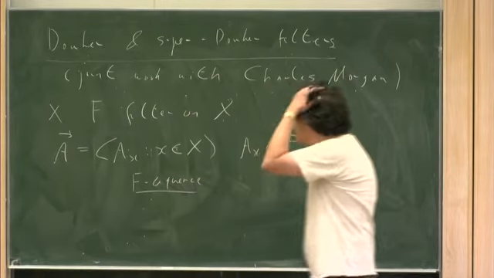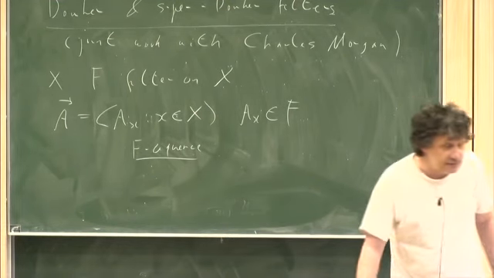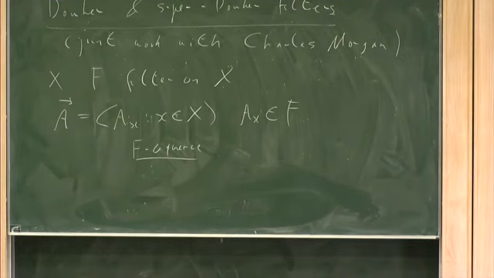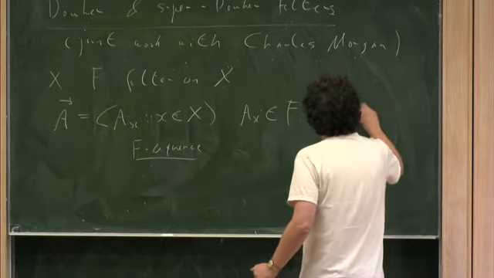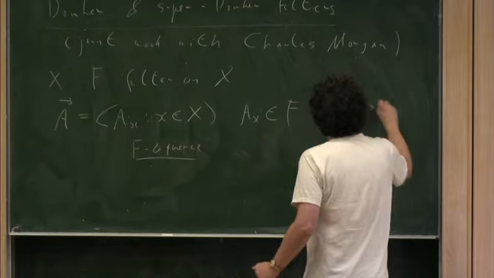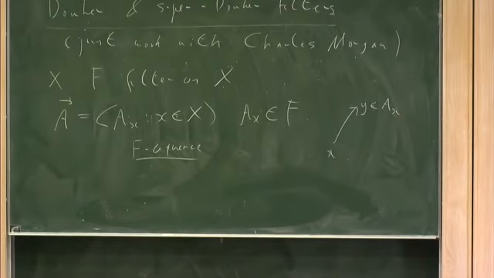So an F sequence is a sequence indexed by elements of X consisting of subsets that are large for F. And for the purposes of thinking about this, it's very helpful to think of this as being just a directed graph on the underlying set X, in which you have a directed edge going from X to Y exactly when Y is a member of A sub X.